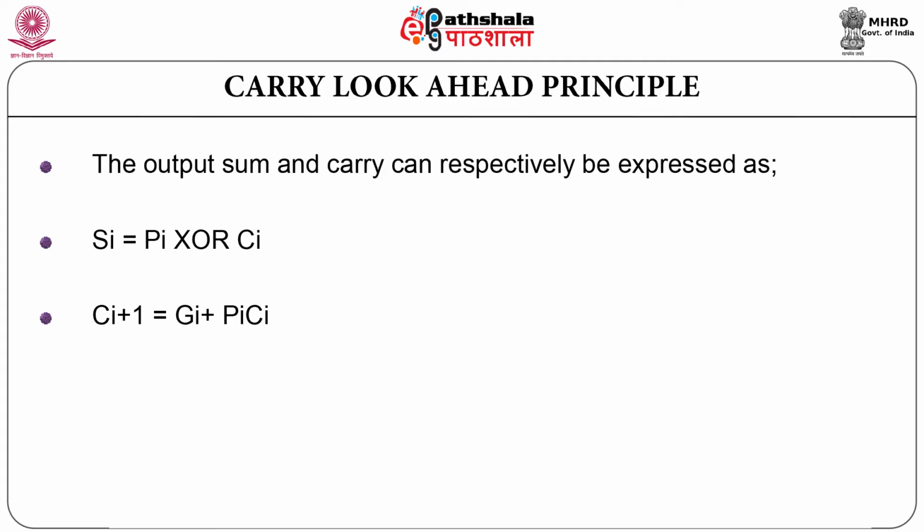Here i stands for a particular bit. For example, if you are trying to talk about the LSB, i will correspond to 0, whereas if you talk about MSB, then i will correspond to 3. These expressions are used to generate the carry propagate bits and the carry generate bits. Pi and Gi bits are very useful for increasing the speed of the addition.